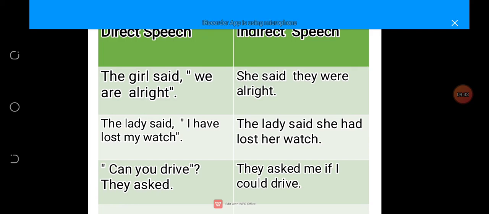So the girl said, "We are all right." The only word we have changed there is they. The only pronoun we have changed there is they. So the focus is on the words in the quotation.